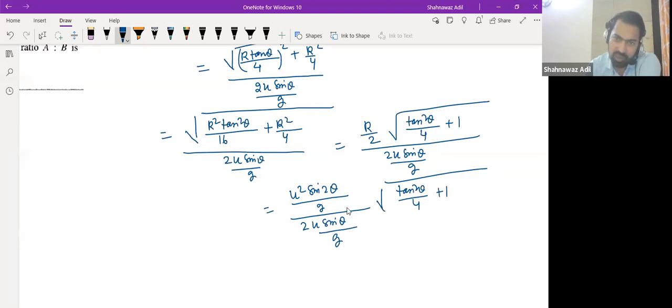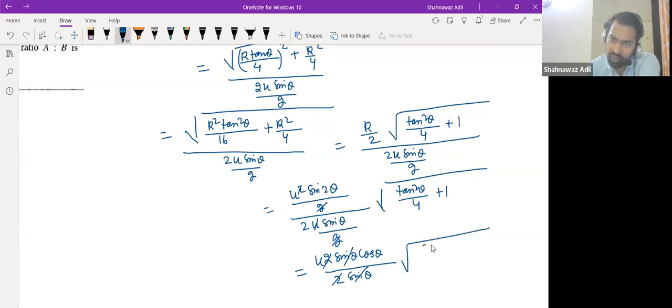So then this would be how much? u square, u cancels, g cancels, and sine 2 theta is 2 sine theta cos theta divided by 2 sine theta. So sine theta also cancels, this 2 also cancels, and this u also here. And this is root of sine square theta by 4 cos square theta plus 1.